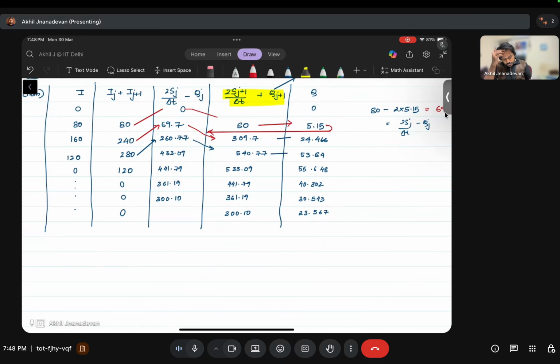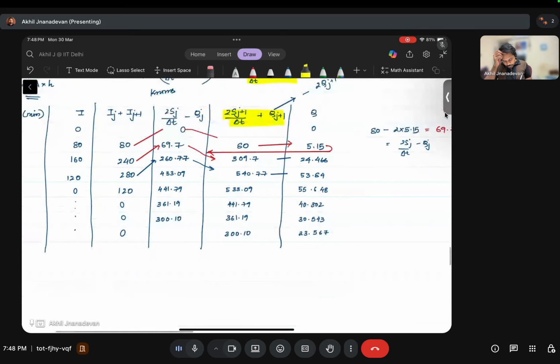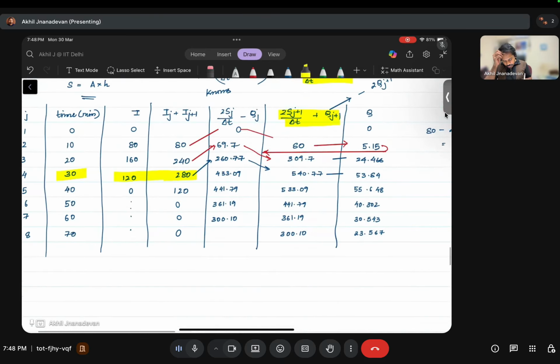If we observe the peaks, the peak inflow occurs at 280 at time equal to 30. No, sorry, the peak inflow occurs at 160 at t equal to 20 minutes, and the peak outflow occurs as 55.648 at t equal to 40 minutes.